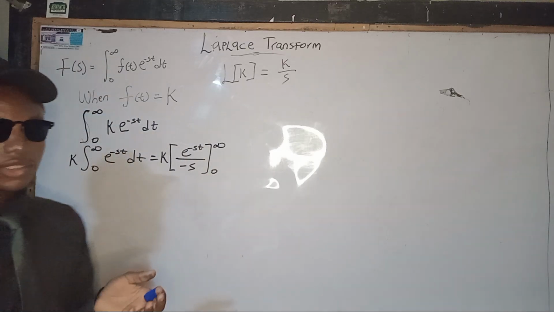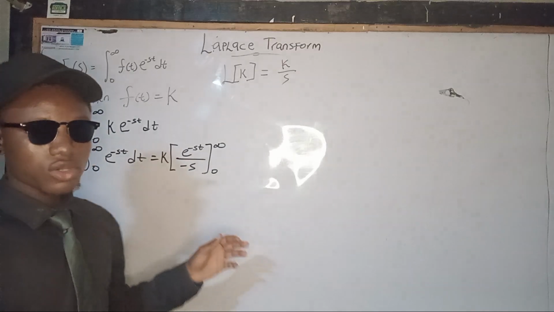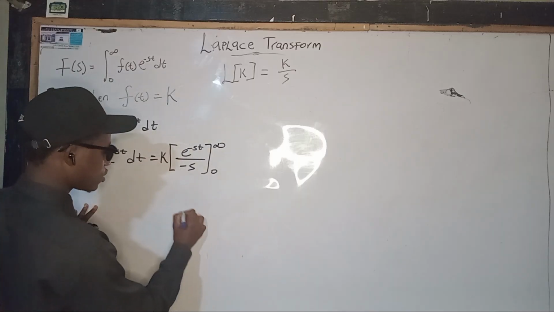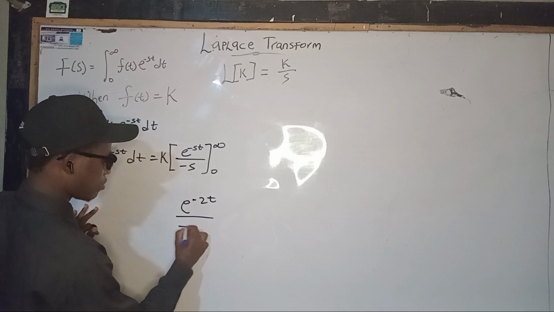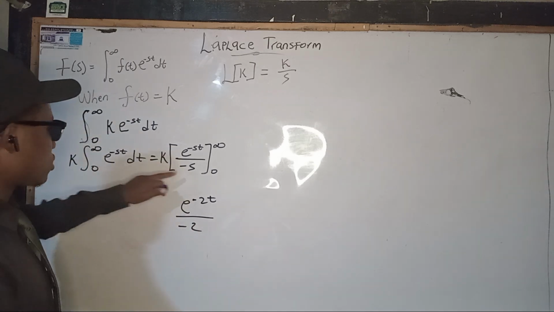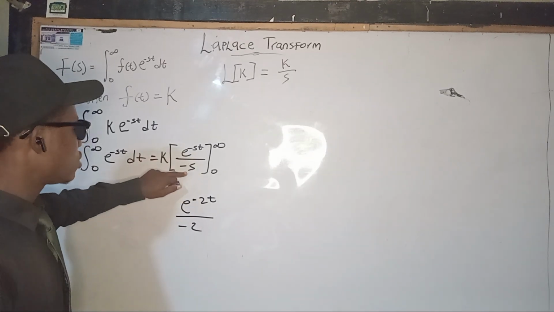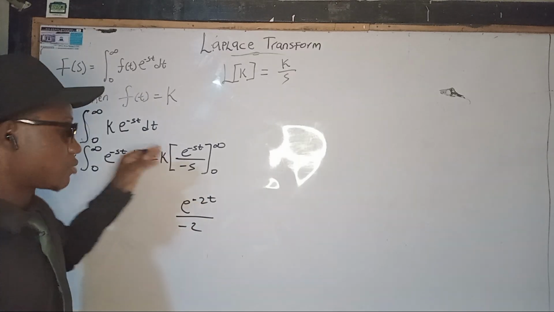Another thing that you need to take note of is the fact that s is also a constant. It's just like having e raised to power minus 2t over minus 2. This is exactly what this looks like, and minus s here is a constant. It is not a function of time in any way, unless it is multiplied by t, by time itself.